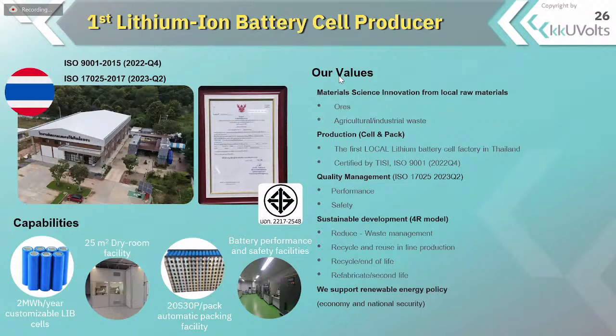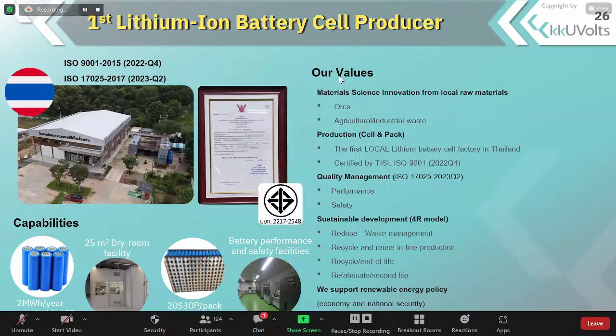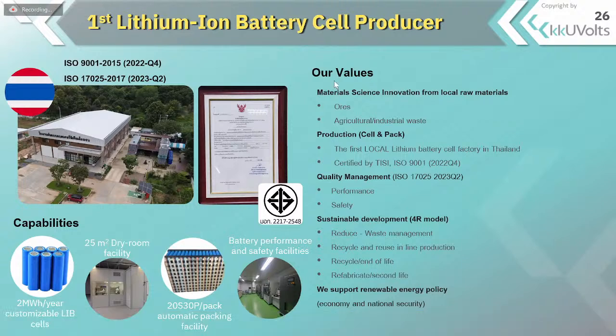We are the first lithium-ion and sodium-ion battery cell producer in Thailand. We can produce battery cells with a total capacity of 2 megawatt-hours per year. Our products can be customizable.